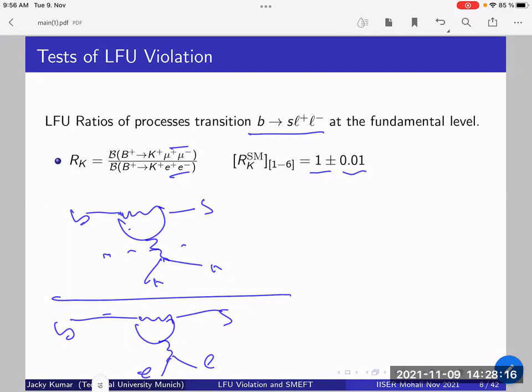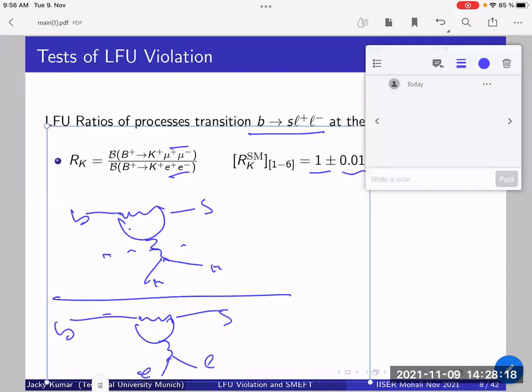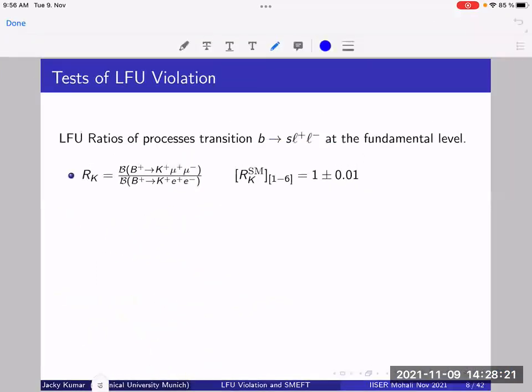Okay, and this also depends on the momentum transfer. So this B plus has a mass of about how much? 3 GeV? Yes, like 4-5 GeV. So this is about 0.2 to the fourth power or something.